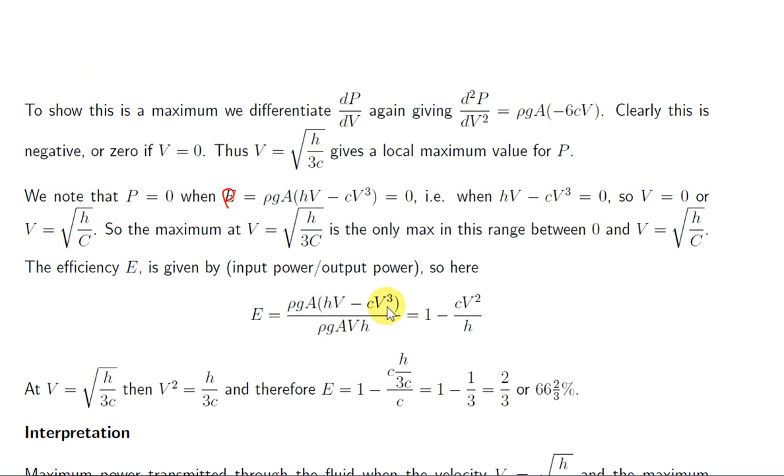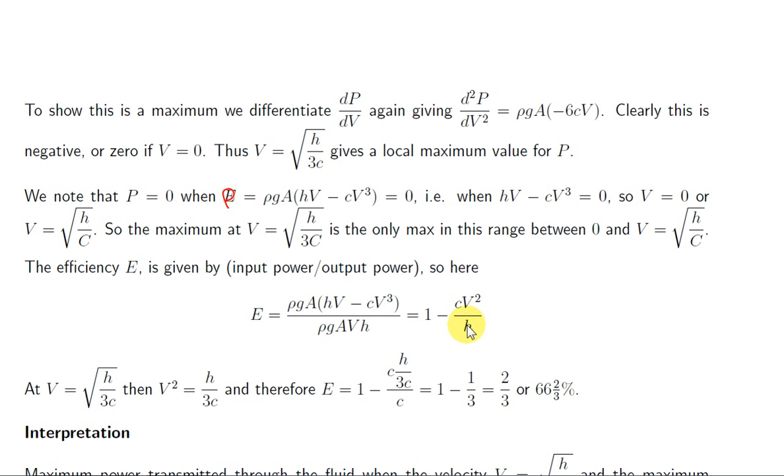So the output power is given by this expression here, and we will plug root h over 3c in for v in the numerator here, and we divide by the given input power, ρ g A v h. So simplifying here, the ρ g A's cancel out, and we have hv over vh. Well, that's just going to give us 1. We have minus c v cubed over vh. That gives us minus c v squared over h.